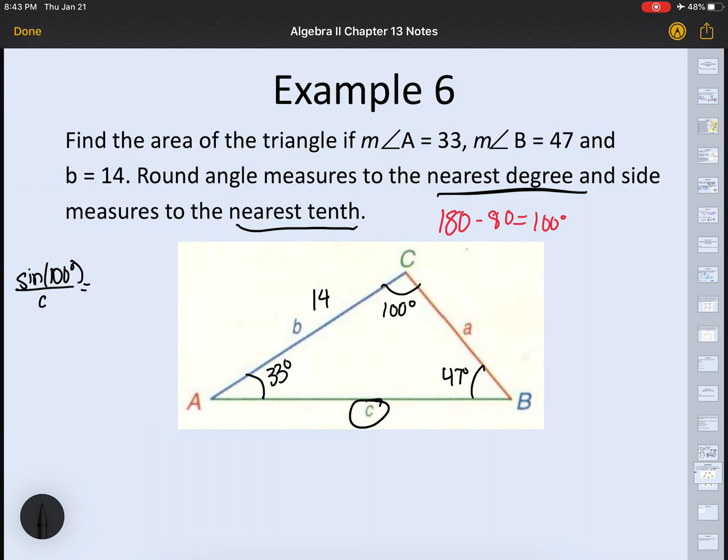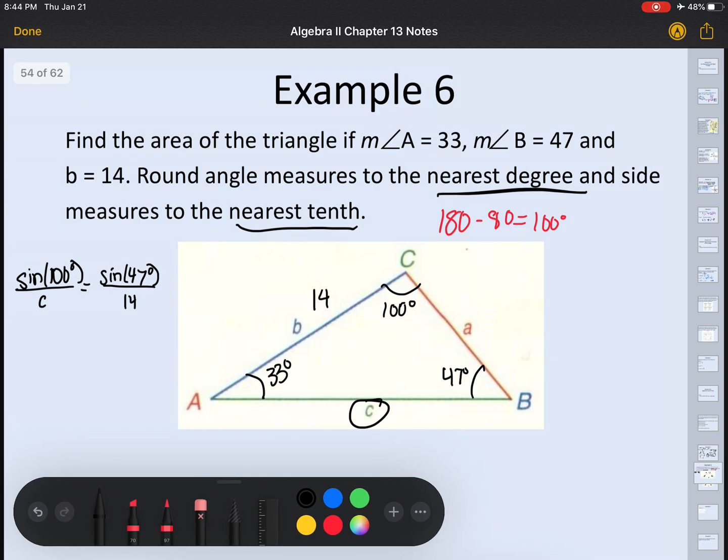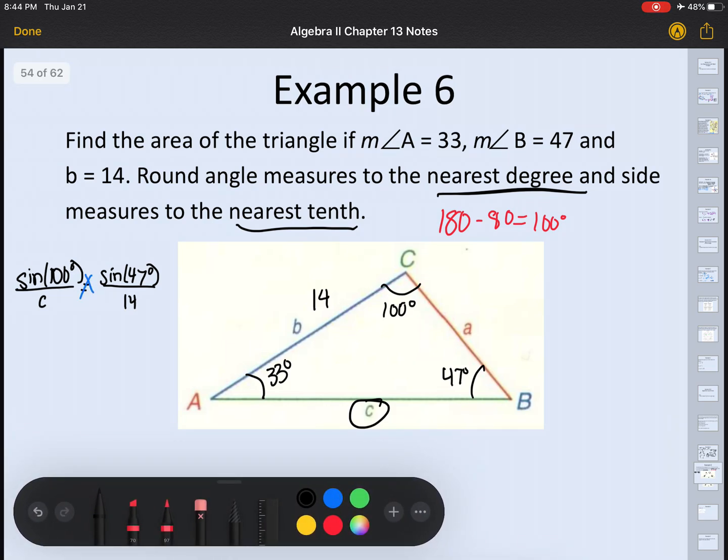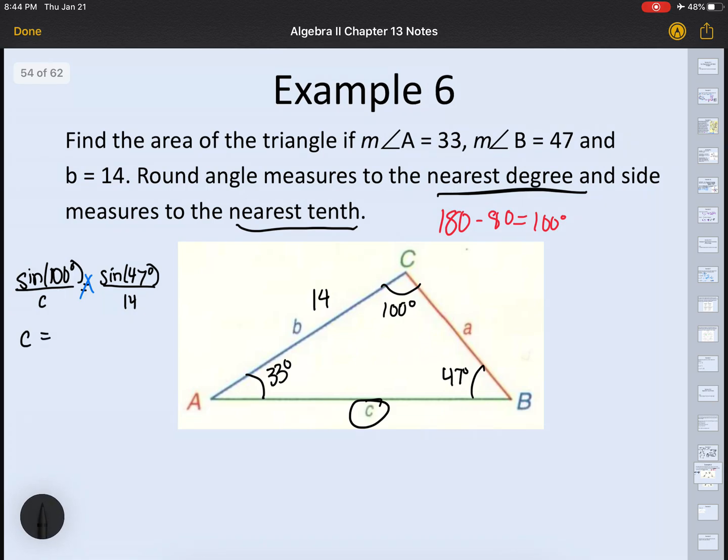And I know angle B, which was 47 degrees, and its side length was 14. So if I cross multiply that, I'm going to get C is equal to 14 times sine of 100 degrees all over sine of 47 degrees.